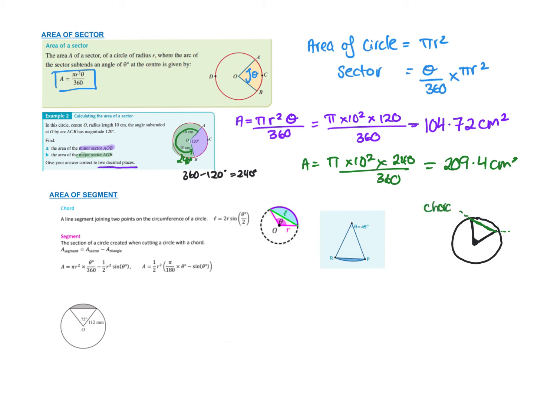A chord cuts the circle across from one side to the other, but it's not necessarily through the middle. The segment they're talking about is just this bit in here, that blue bit.